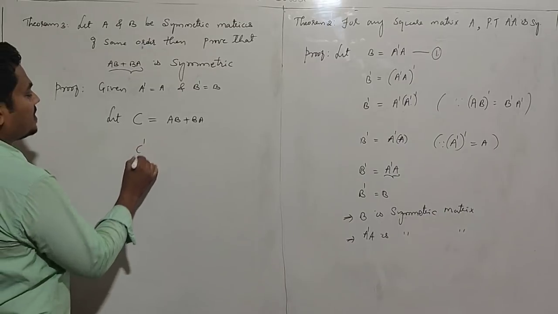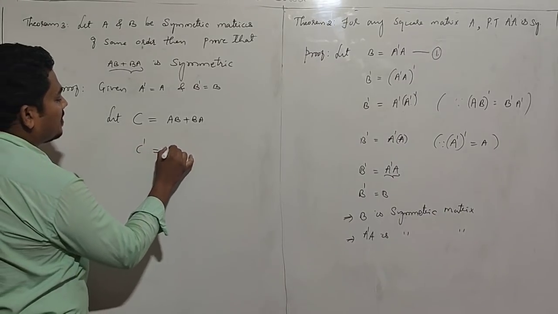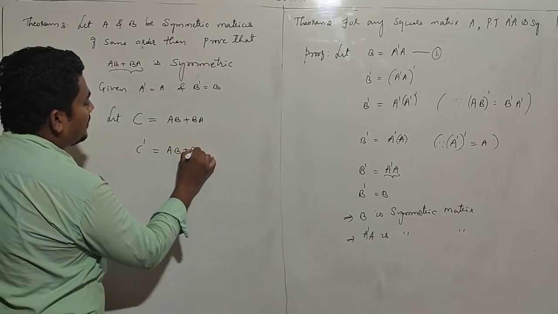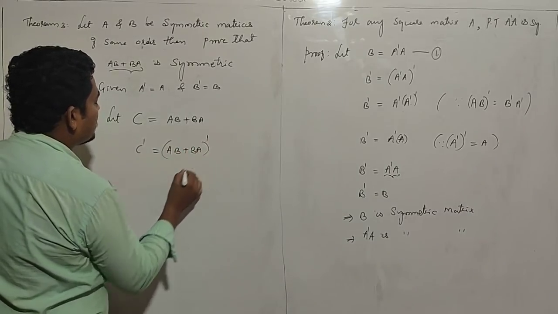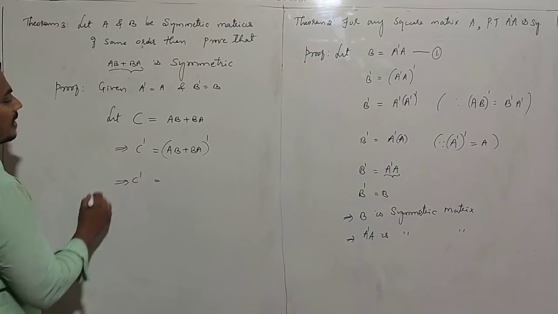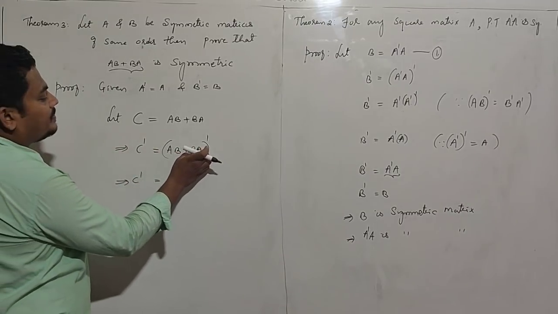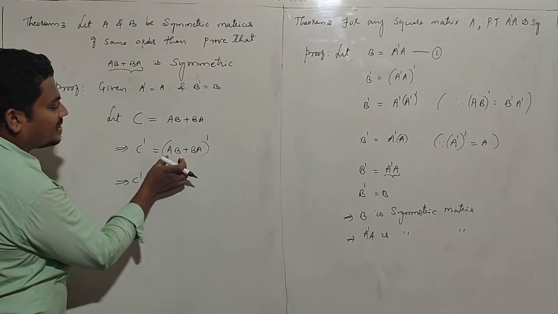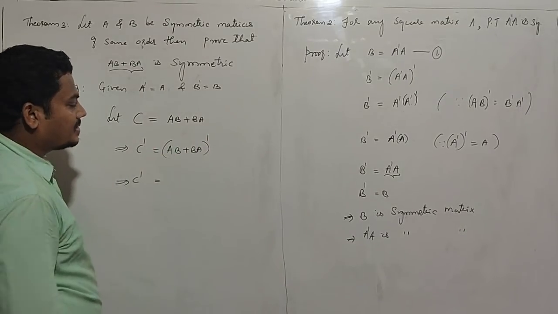Now taking transpose on both the sides, C transpose equal to AB plus BA whole transpose. C transpose remains as it is. Now it is just like A plus B whole transpose. AB is one matrix, BA is another matrix.